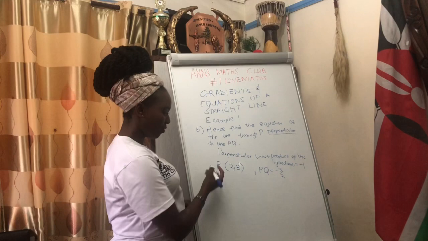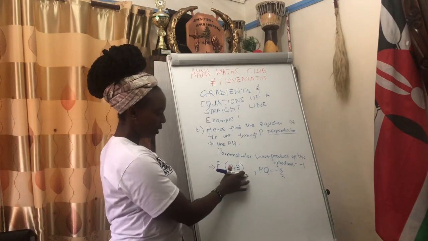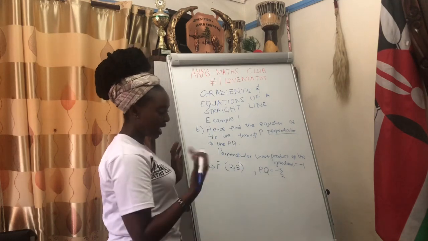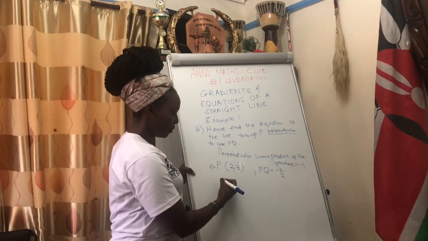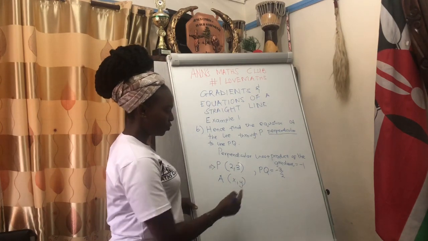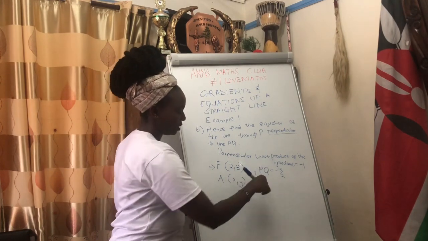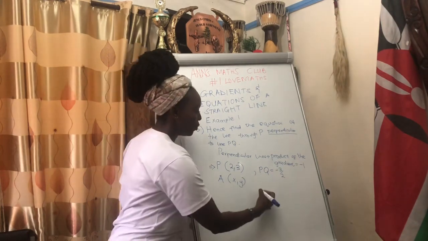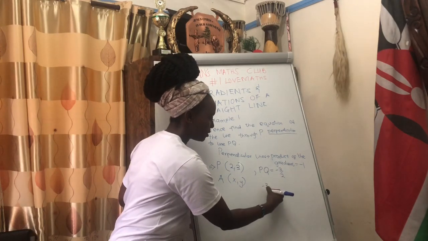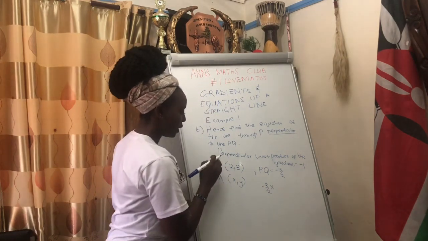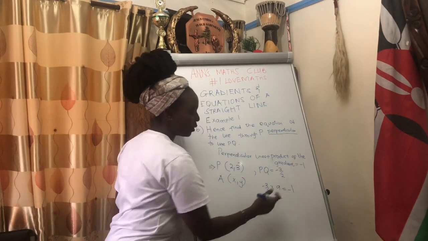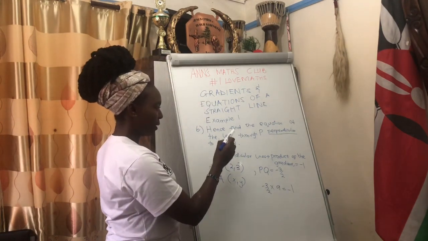So we are asked to find the equation of the line through P. And clearly we don't have PQ, we don't know the other coordinates for the other point, so we can name it A and call it XY. First you need to find the gradient. We know the gradient for PQ was negative 3 over 2, times the gradient for the other line, which you don't know, you can name it A, is equal to negative 1, because we've been told they are perpendicular.